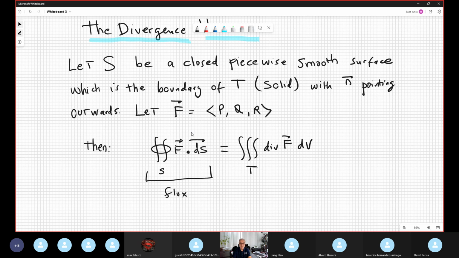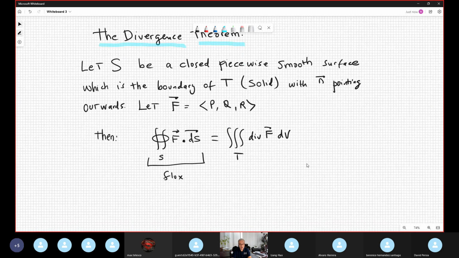Wow, the divergence theorem states the connection between the surface integral over the closed surface and the solid.